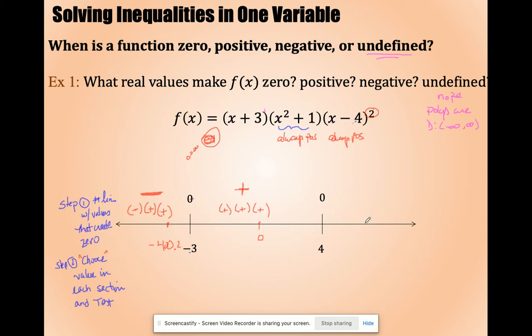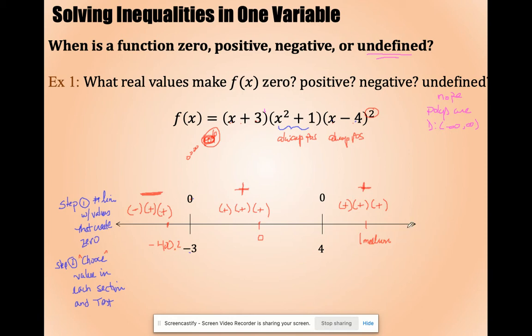Pick any number above 4, like 1,000,000. Think 10 to the 6th. What is 10 to the 6th plus 3? The other two factors are always positive no matter what I put in. So this section is always positive.